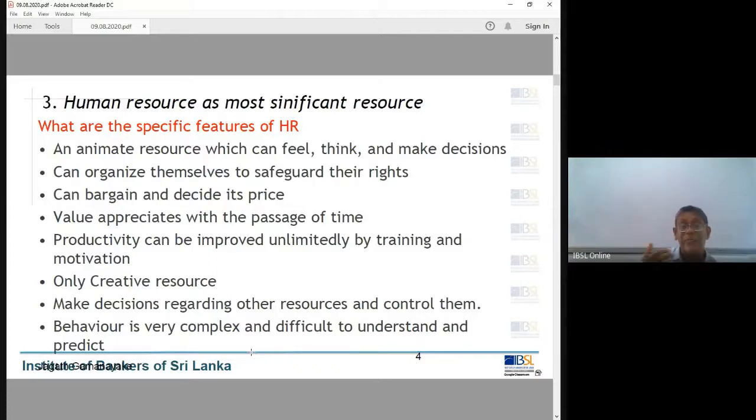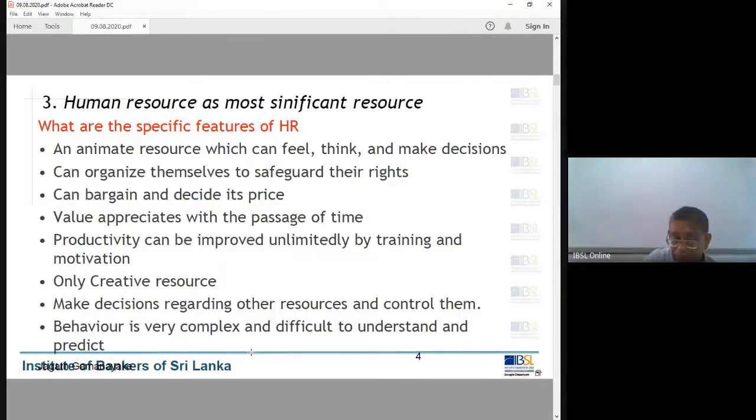If the examiner asks you why human resource, out of the many resources, plays an important role in a bank, why you think the human resource is a more significant resource compared with other resources, then what are the specific unique characteristics of human resource? So these are the answers.